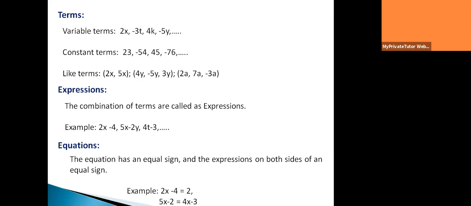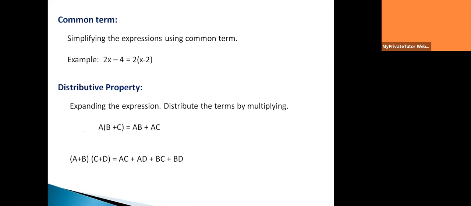And equations have equal signs; we are not going to concentrate on equations today. We're going to concentrate on expressions. So our topic is factorization. How do you factor the expression? By using the common term. That's what I'm going to explain now.